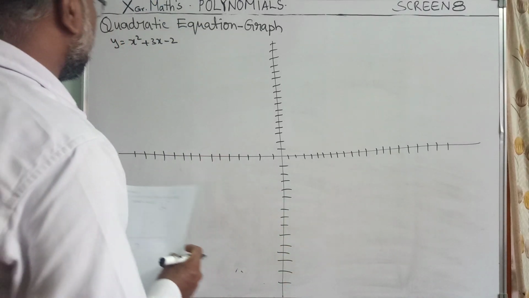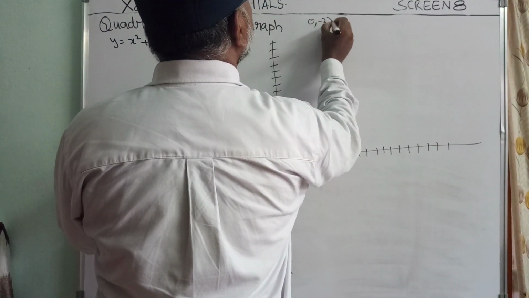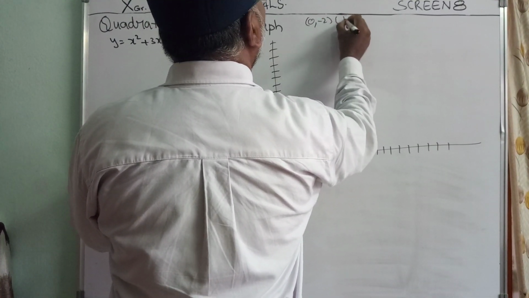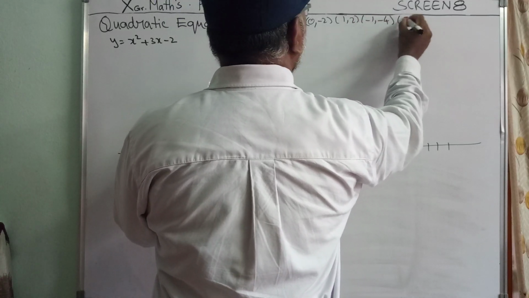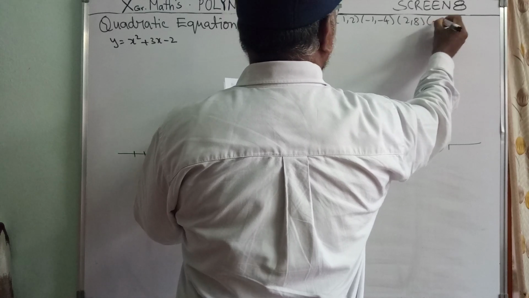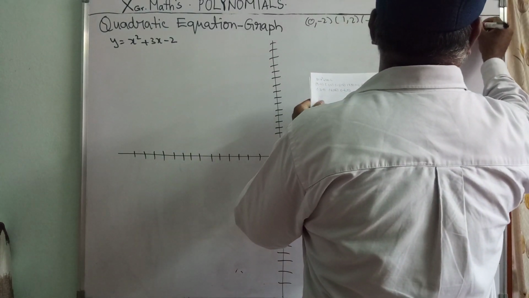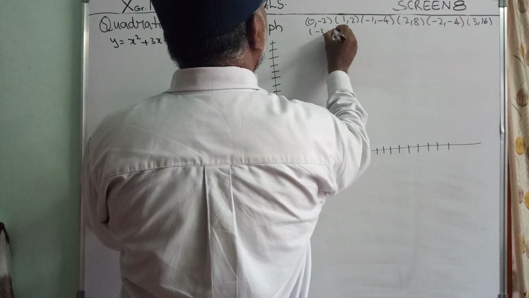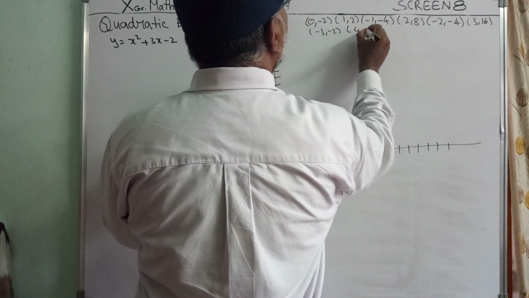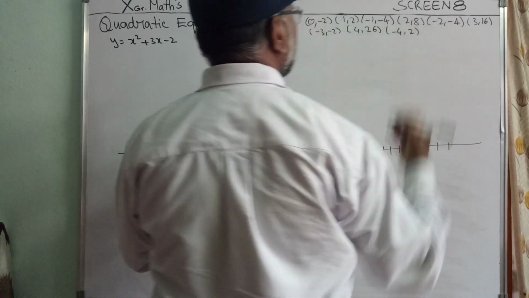Actually, the points are, I want to write 0 comma minus 2, 1 comma 2, minus 1 comma minus 4, 2 comma 8, minus 2 comma minus 4, 3 comma 16, and minus 3 comma minus 2, 4 comma 26, minus 4 comma 2.